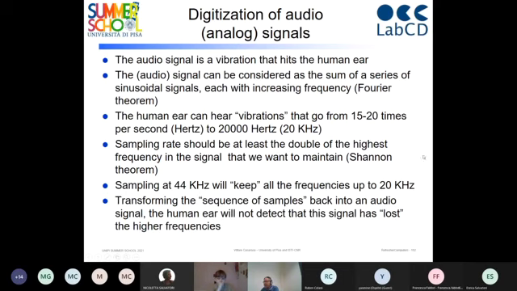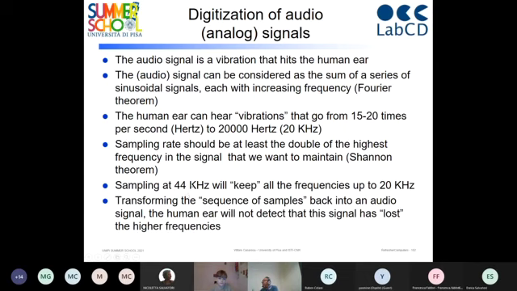So going back to real numbers, if we want to keep frequencies up to 20 kilohertz, which are the ones that our ear is able to perceive, we will have to sample with a rate that has to be more than 40 kilohertz, and the standard numbers are 44 or 48.